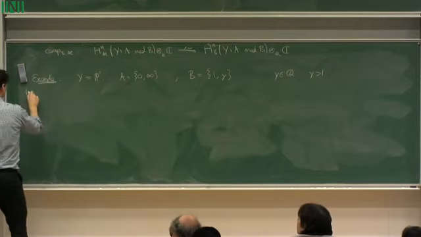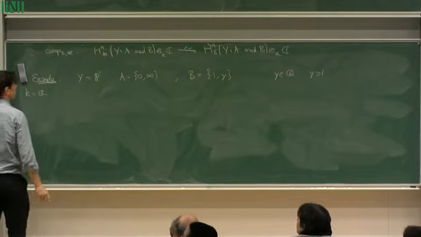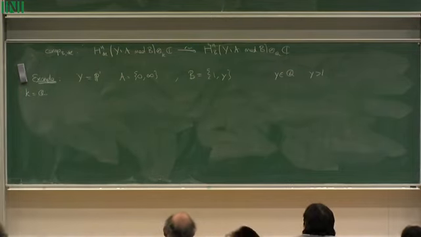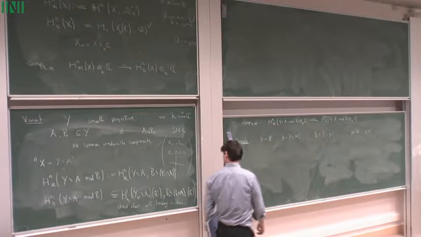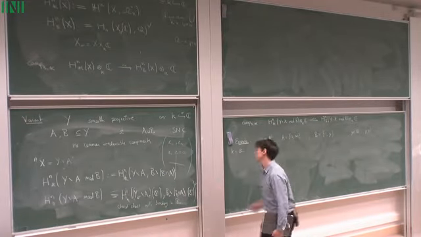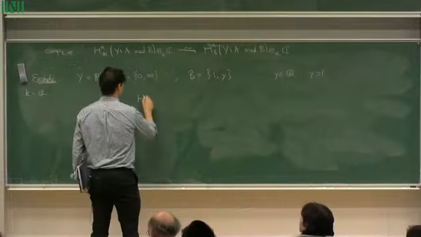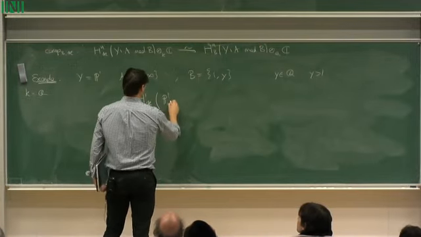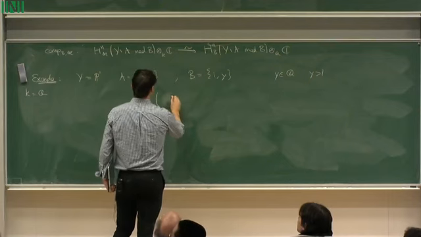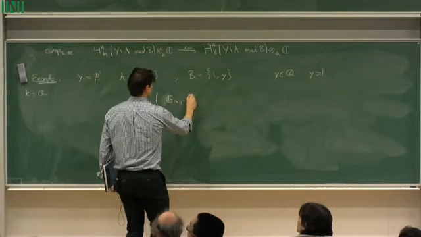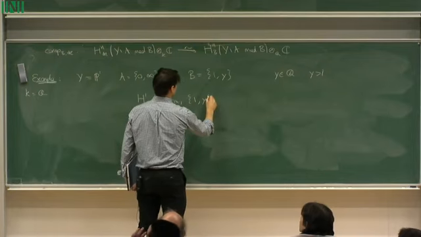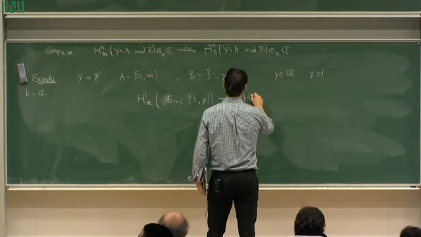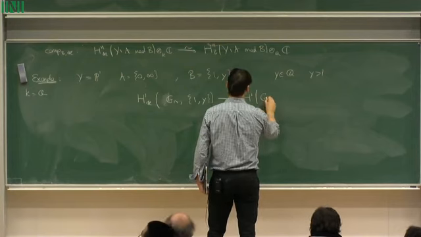K is Q. And then we have this relative cohomology sits in a long exact sequence. So I suggest thinking about it this way in the first instance. Sorry, it'll be Gm relative to {1, y}.